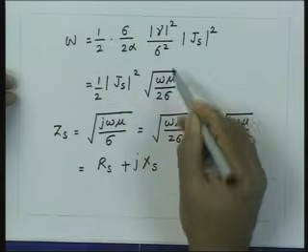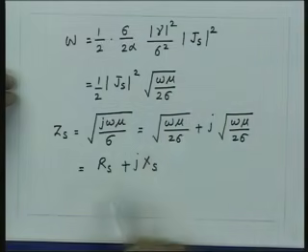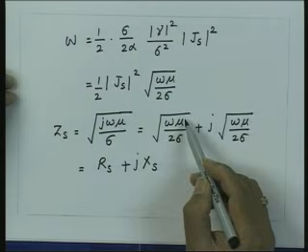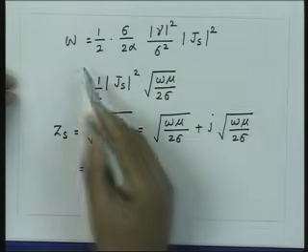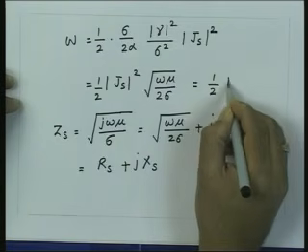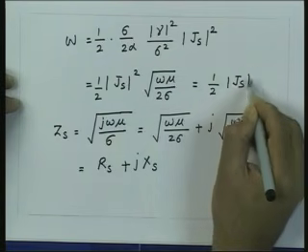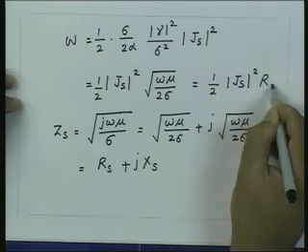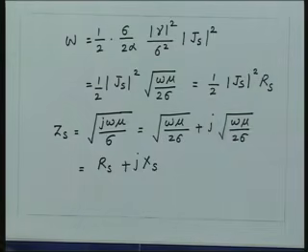Now, this quantity which we have got here is nothing but omega mu upon 2 sigma, which is the same as this. So, we can write this as equal to half mod Js square into the surface resistance.